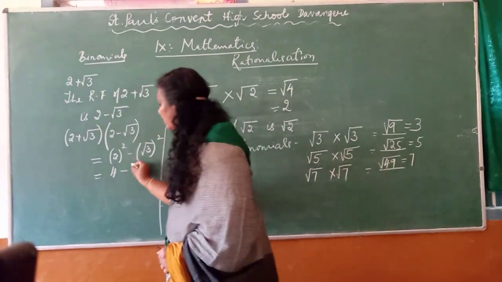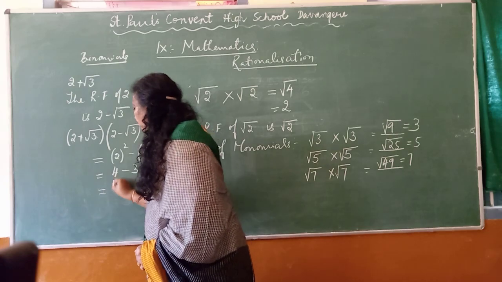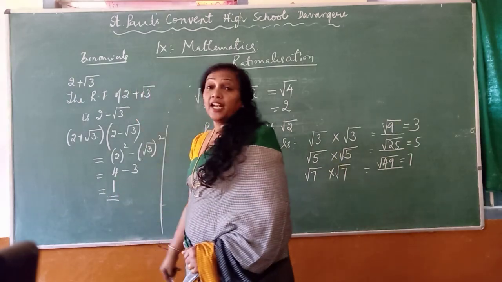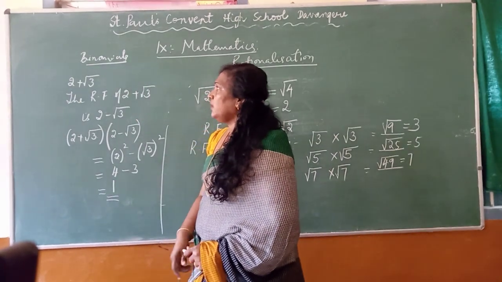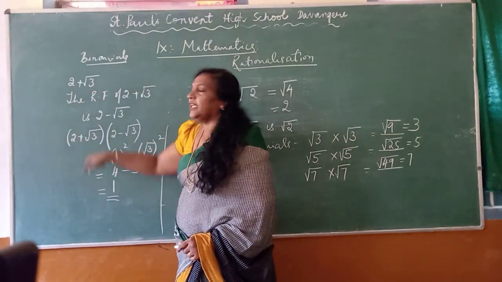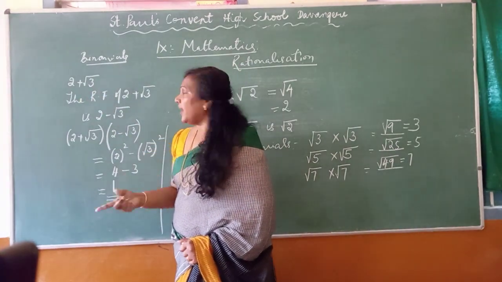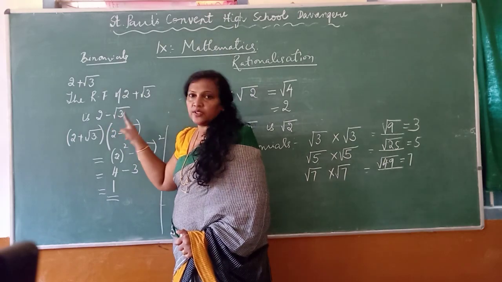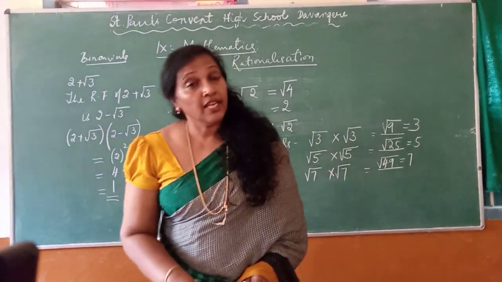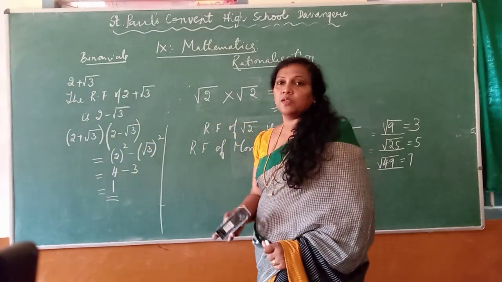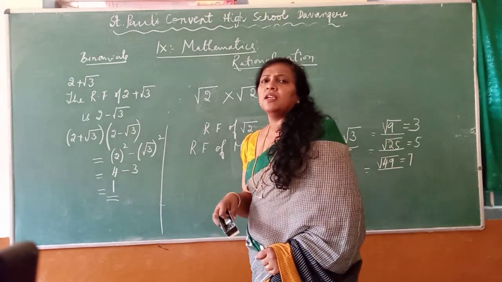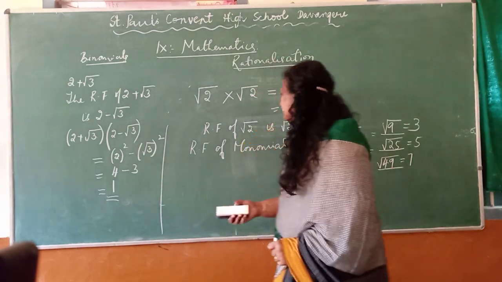Root 9 value is how much? It is 3. 4 minus 3 is equal to 1. What is 1? A rational number. Therefore, for 2 plus root 3, the rationalizing factor is 2 minus root 3. So like this, if they give you binomials also, you will be able to write the rationalizing factor.